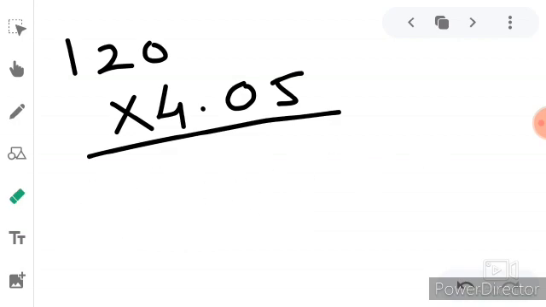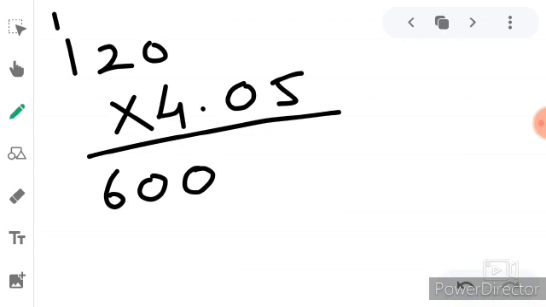So now multiply. First of all read the table of 5. 5 zeros are 0. Then again 5 twos are 10. 1 carry. 5 ones are 5 plus 1 is 6. Now whenever we multiply any number by 0 we will get 0.